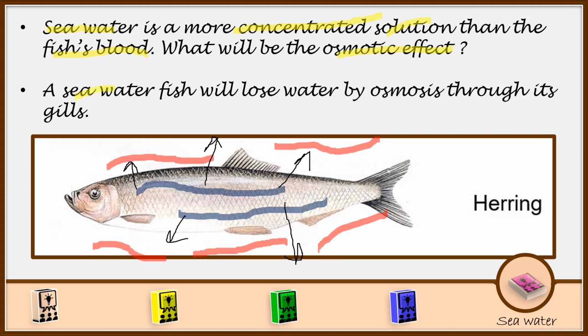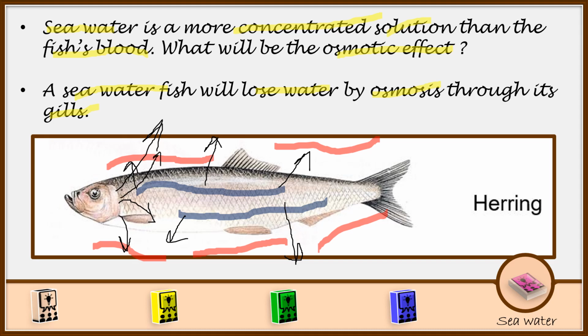The seawater fish will lose water by osmosis through the gills. So we are going to see our fish losing a lot of water by osmosis through the gills. Why?